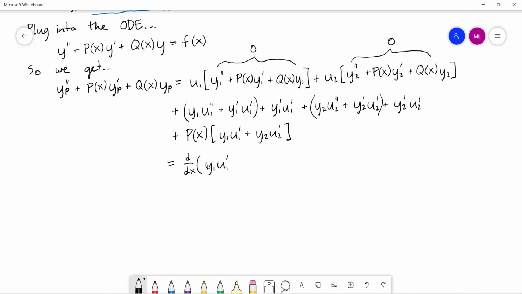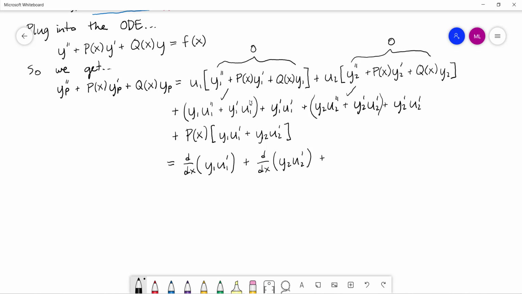We'd have first times the derivative of the second, plus second times the derivative of the first. Second times the derivative of the first would be this term. So that's what that one looks like. Plus, let's do the same for the other one, d dx of y2 u2 prime. So that takes care of basically these two guys now.